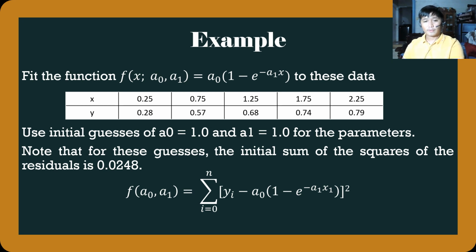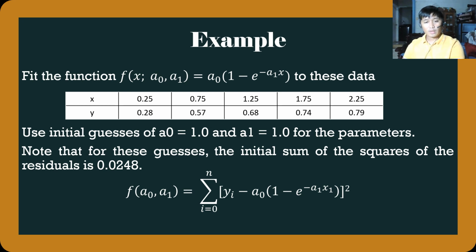After executing this formula, we are going to square all the results, and then repeat the process by replacing y sub i with y sub 2 up to y sub 5, the same with x sub 1 to x sub 5.